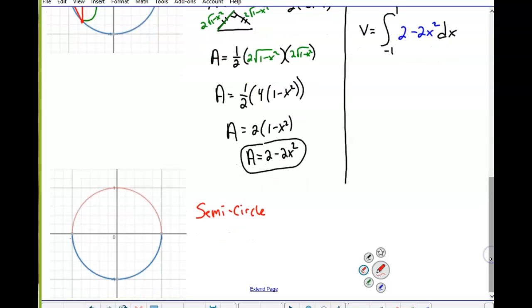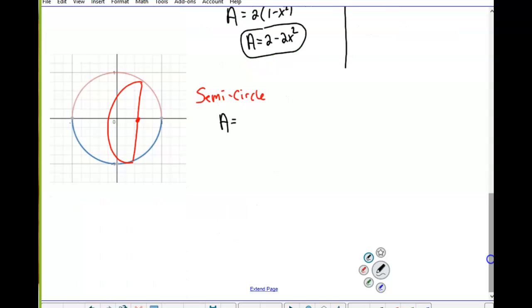So, what if I had a semicircle coming up over the top? What's the area formula for a semicircle? Perfect. Pi r squared sounds like area to me, but if it's a semicircle, you have to put the 1/2.